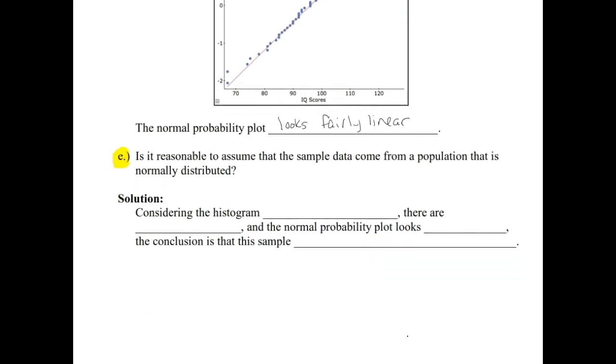that's there. So part E asks us if it's reasonable to assume that this sample data came from a population that's normally distributed.